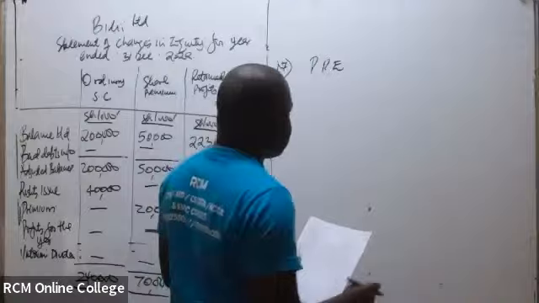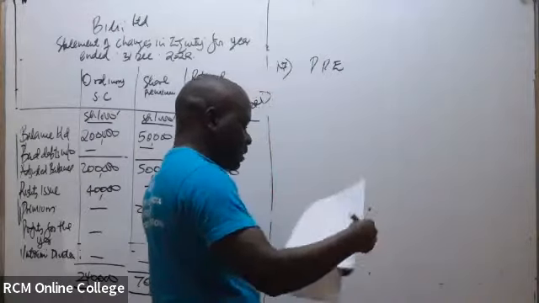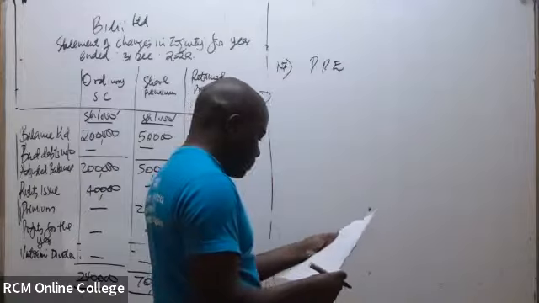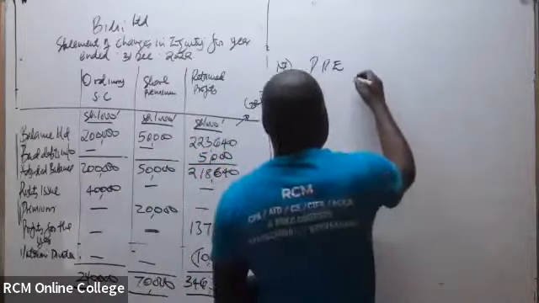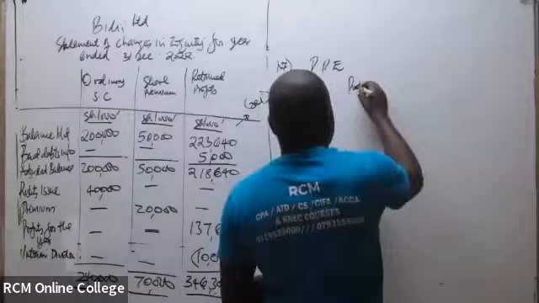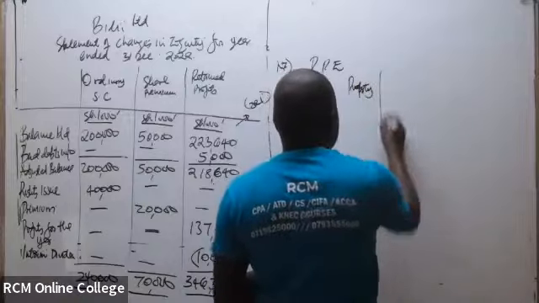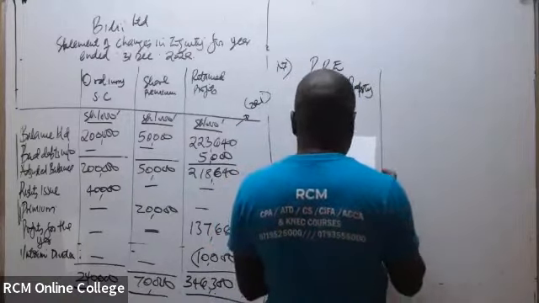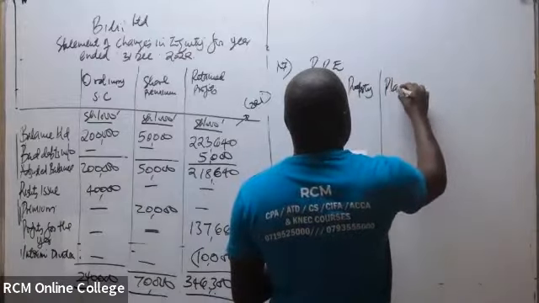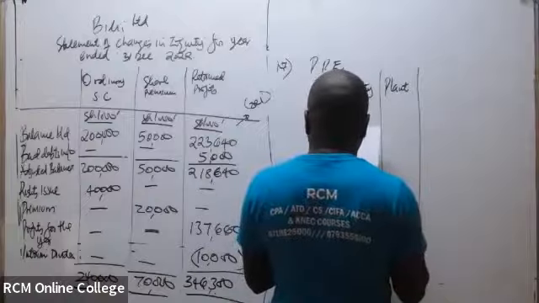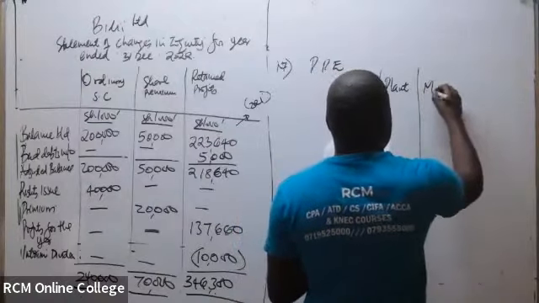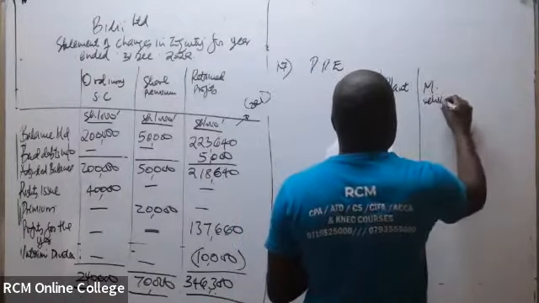So we'll have to identify what you have as property, plant, and equipment. We have property, including buildings. We have plant. We have motor vehicles.